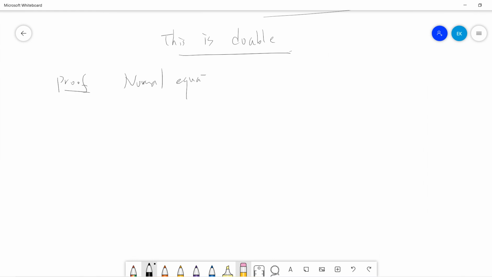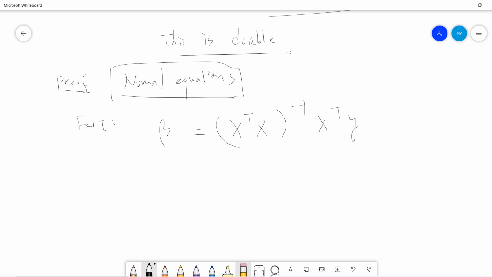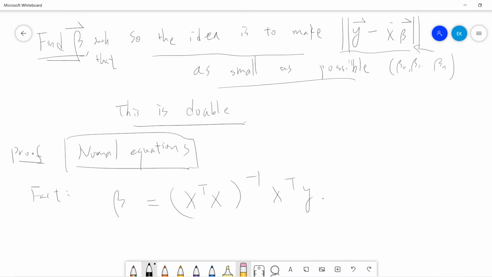This is usually written in textbooks or other courses, and it is a very famous result, so I will quickly give the proof. The result we want to prove is that beta equals (X^T X) inverse X^T y. So this is the answer.